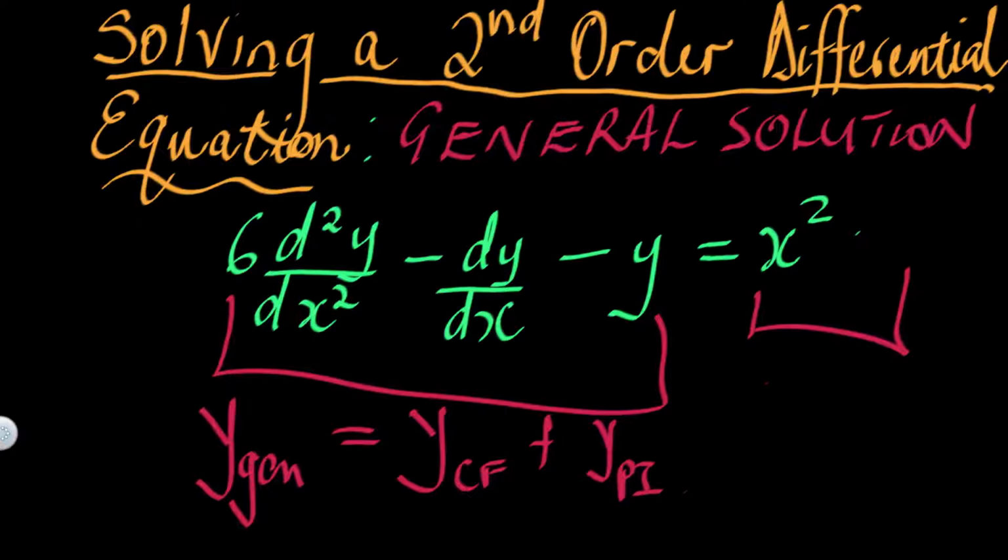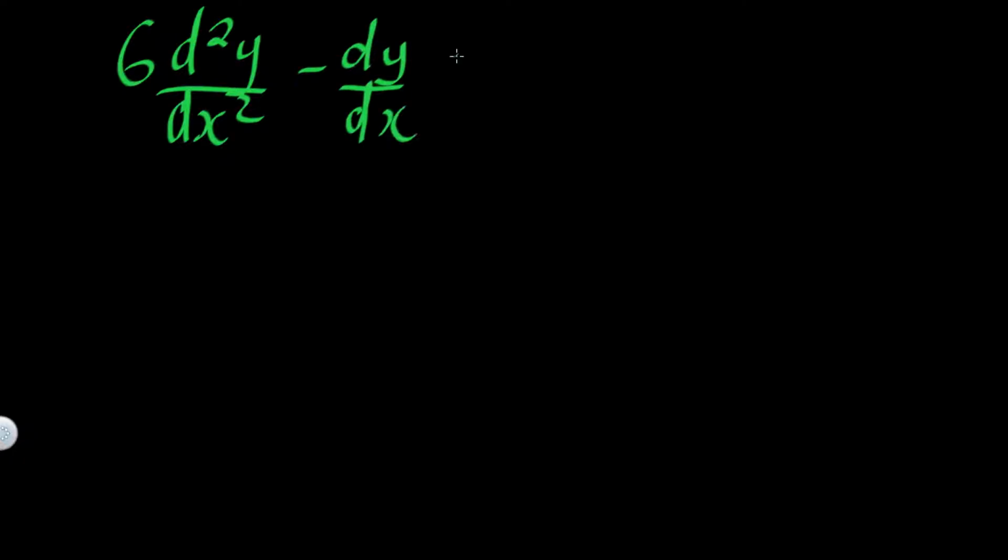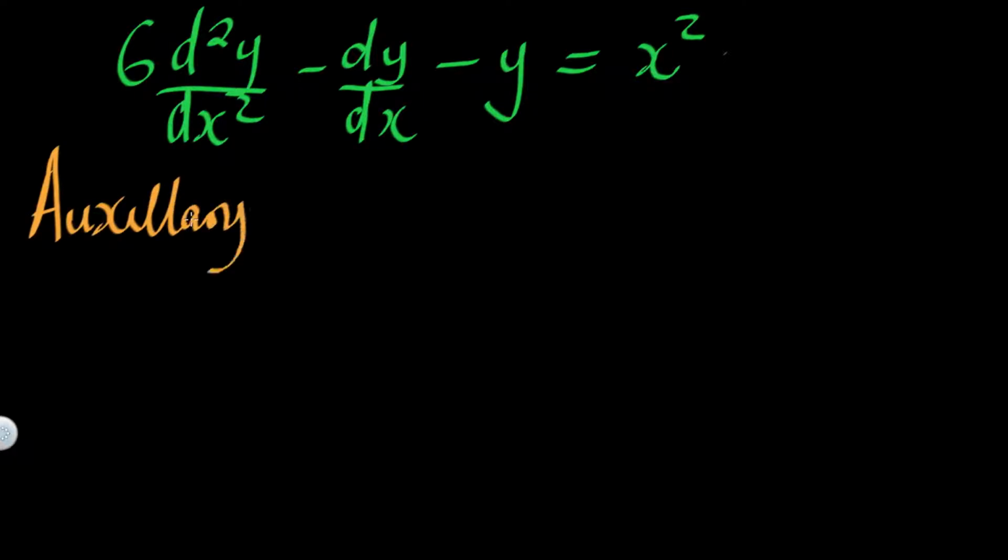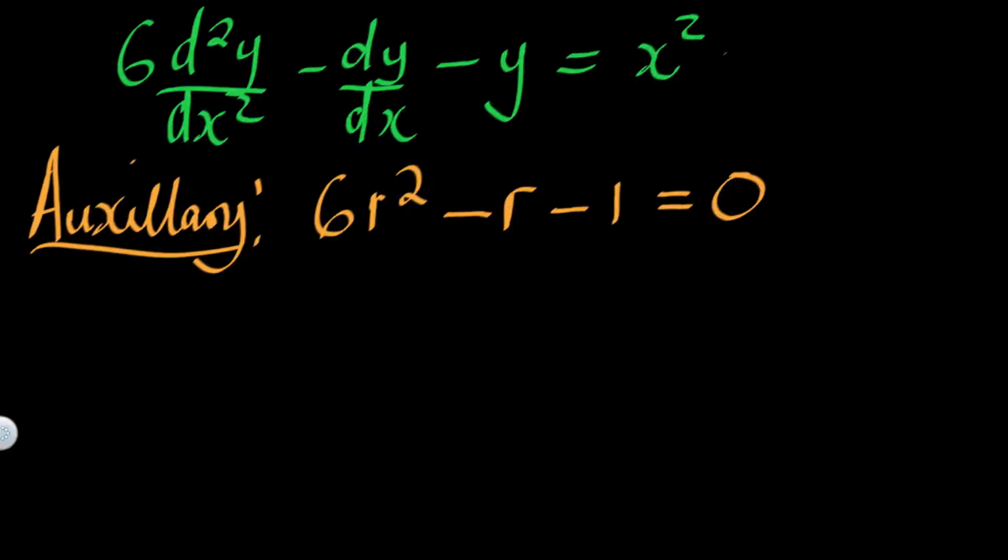I'm going to rewrite this example and then we work it step by step. We have 6 d squared y over dx squared minus dy dx minus y equals x squared. I'm going to write what is called an auxiliary equation. In this case, it is 6r squared minus r minus 1 equals 0. I want to use r.